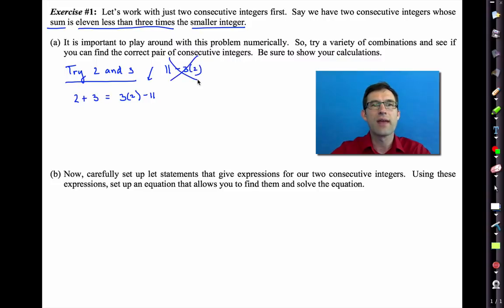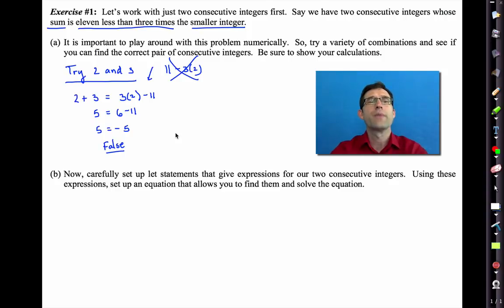I know the 11 came first in the sentence, but when we say that a number is 11 less than another number, we're taking that number and subtracting 11. So is this a true statement? Here we have 5, here we have 6 minus 11. Watch out, 6 minus 11 is -5. So that's in fact false, which means 2 and 3 aren't the correct choices.